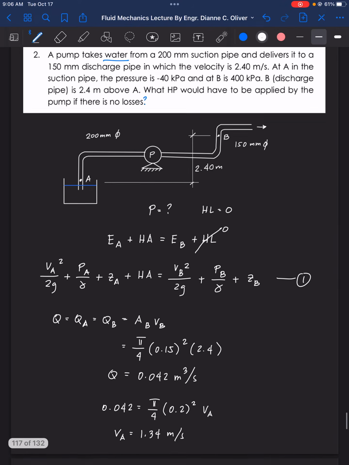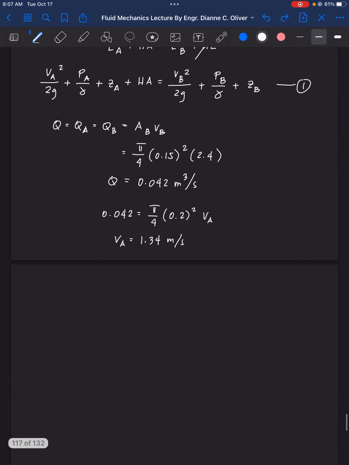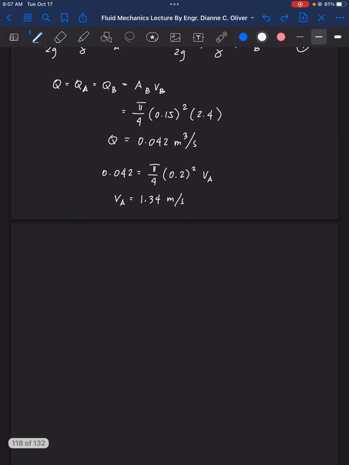Then, given the pressures at the suction pipe of negative 40 kilopascal, and at the discharge pipe of 400 kilopascal, we can now substitute all values in equation 1.